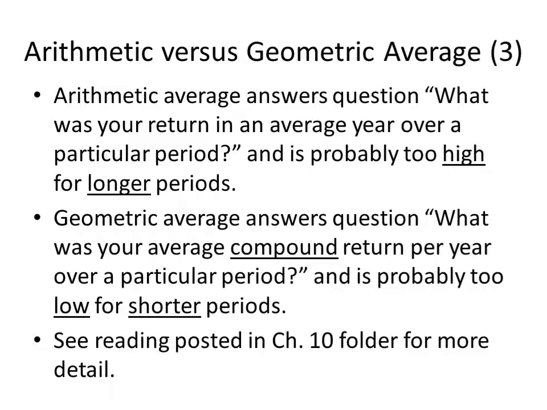Now the arithmetic return is probably too high for longer periods if you're trying to come up with what's a true average return. And the geometric average answers the question, what was your average compound return per year over a particular period? And it's probably too low for shorter periods. So these are things to keep in mind as you decide which of these to talk about. I can't tell you this for certain though.